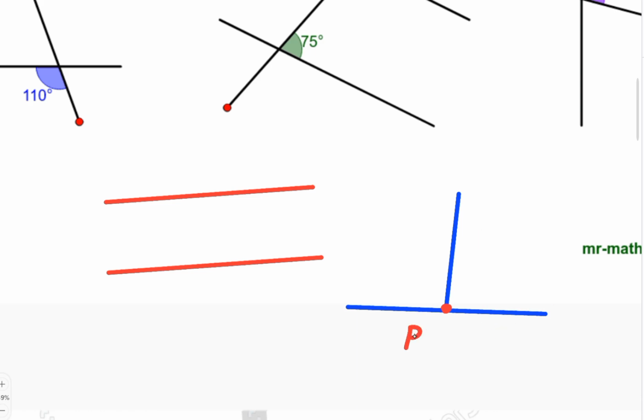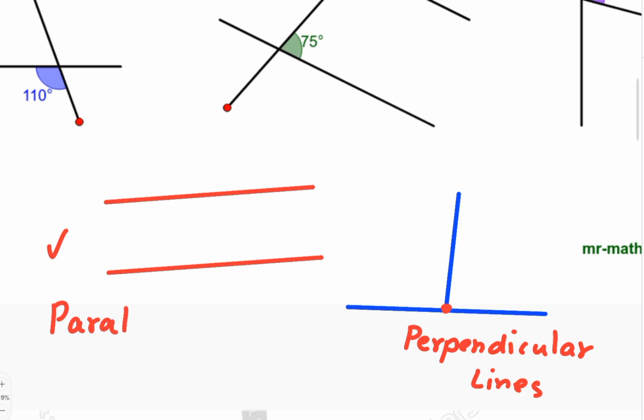We call them perpendicular. These are perpendicular lines and these are parallel lines. Parallel lines do not intersect and perpendicular lines are the lines that intersect.